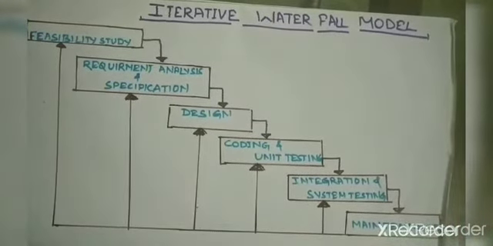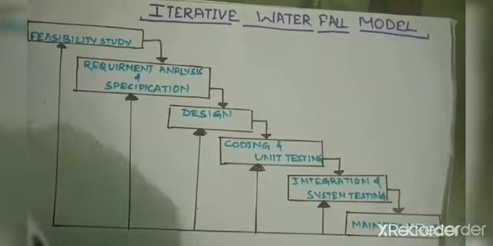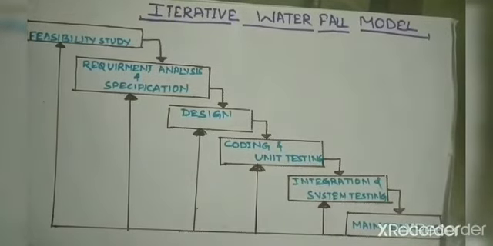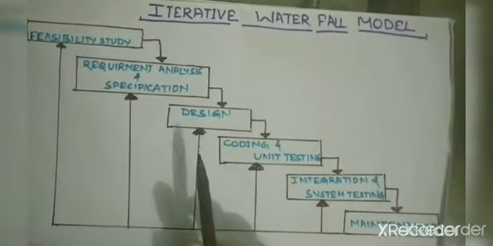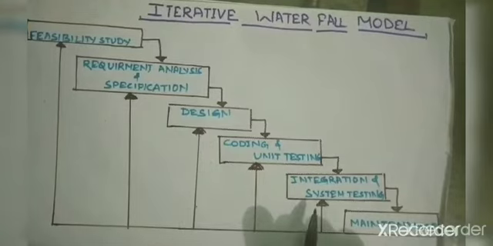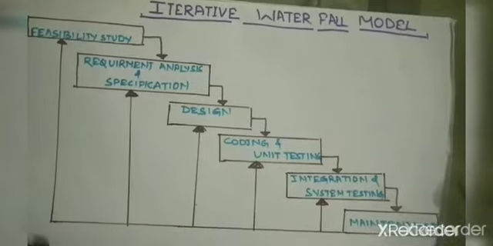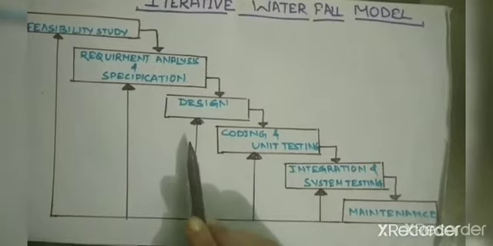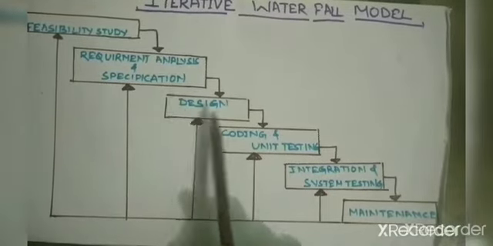This is the iterative waterfall model. Here, the iterative waterfall model also has 6 phases, the same as the waterfall model: feasibility study, requirement analysis and specification, design, coding and unit testing, integration and system testing, and maintenance. All the phases are the same as in the waterfall model. In the iterative waterfall model, there is a feedback path to go back to the previous phase and rectify the error.